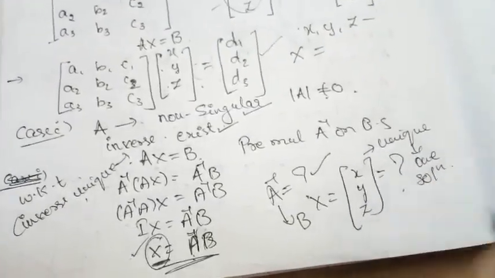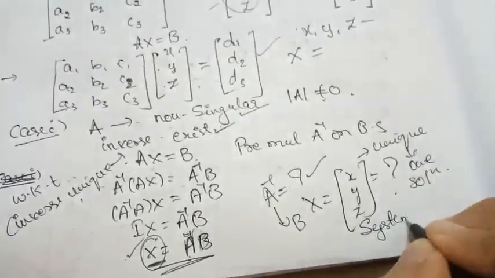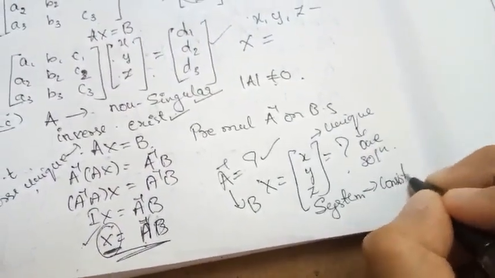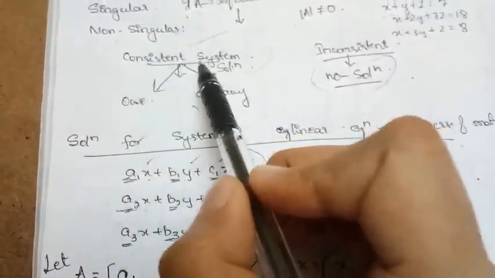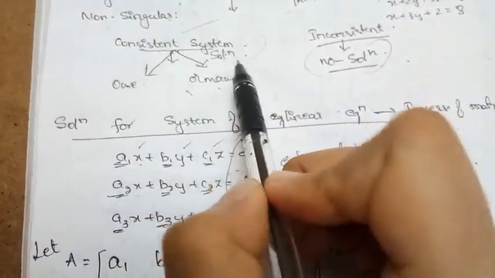It is having only one solution means what? Our given system is consistent. What does consistent mean? A system is said to be consistent if it has one or more solutions.